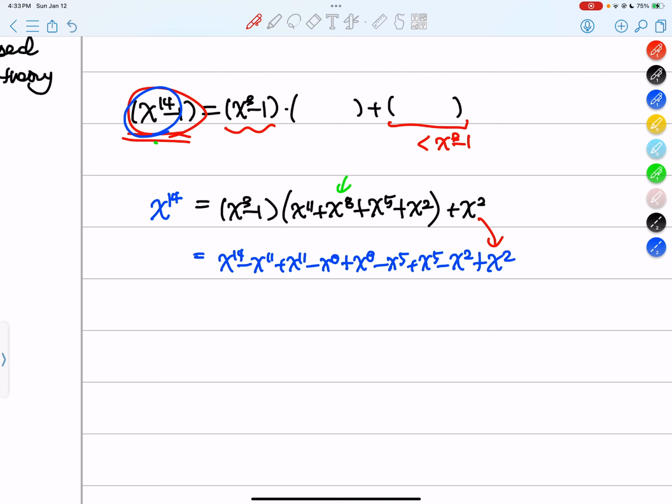And this comes directly from here. If we were just to cancel all these out, we would just get the number we wanted. And so this is the way you would do it. Because we have this -1 at the end, we can just add -1 on both sides. And then this would be the quotient we're looking for. This would be our remainder. And yeah, that's basically how this whole thing works.